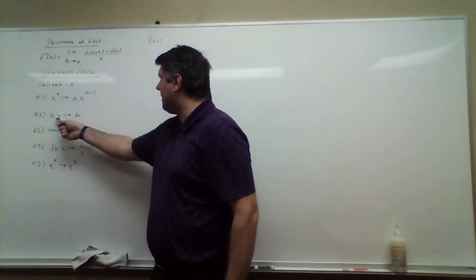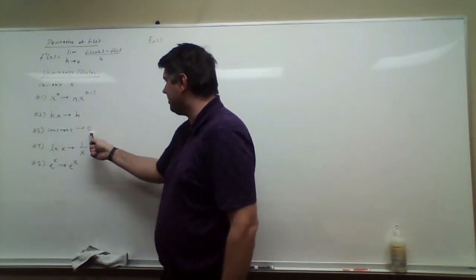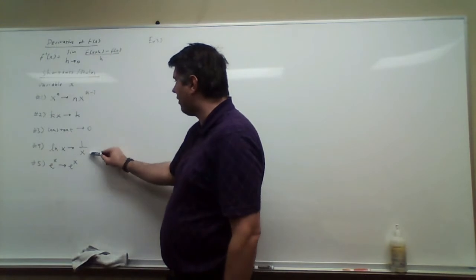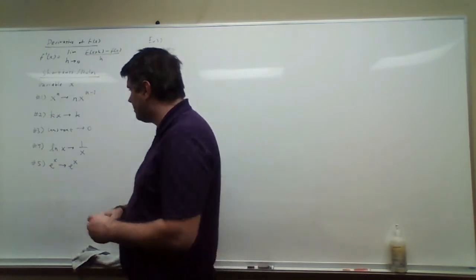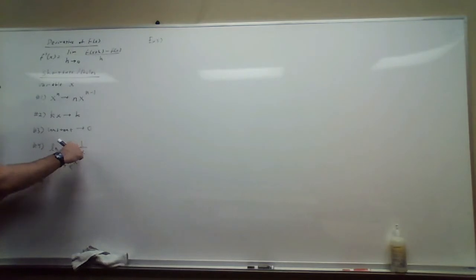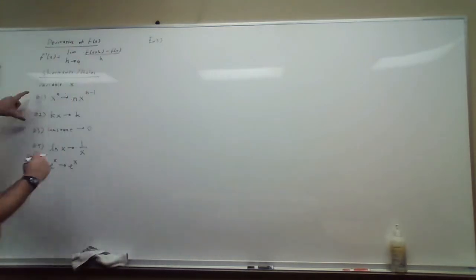A number times x differentiates as just the number. The derivative of a constant is 0. These two I'm going to save for later, but the derivative of the natural log is just 1 over x, and e to the x is its own derivative.